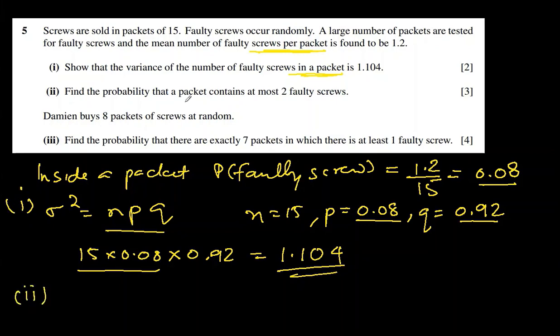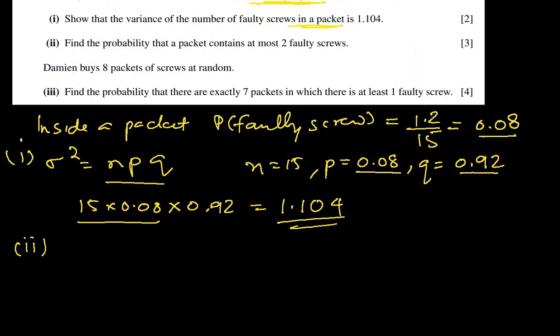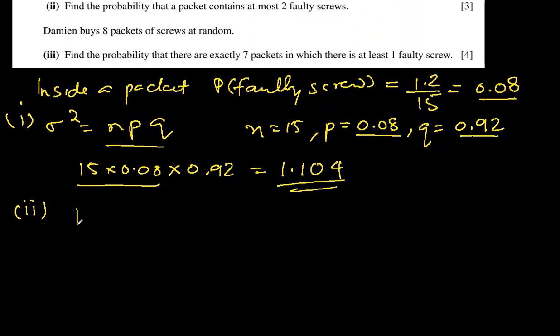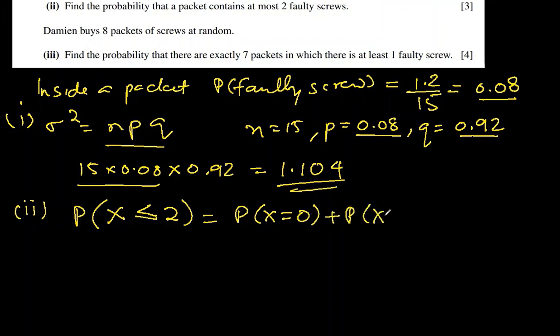Part 2. Find the probability that the packet contains at most 2 faulty screws. At most 2, so probability of X less than or equal to 2. So it will be probability of x equal to 0, no faulty screw, probability x equal to 1, only one faulty screw, or probability of x equal to 2.